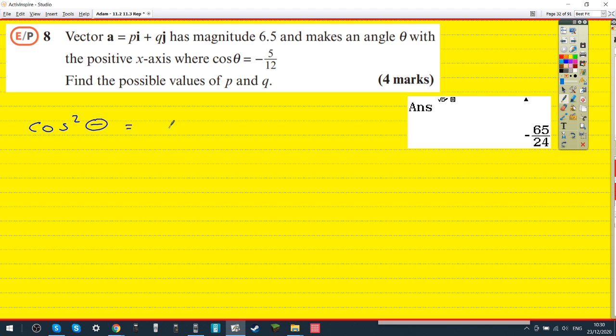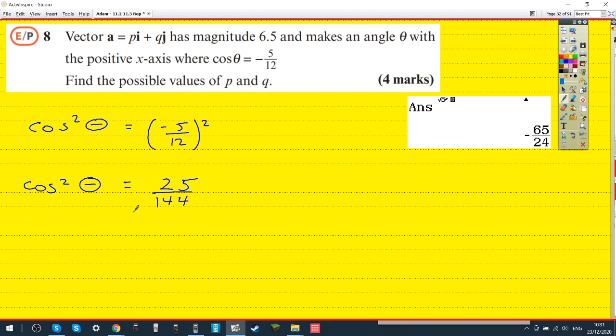Minus 5 over 12 squared. Yep, and what is that? Minus 25 over 144. You never use brackets. What's a minus times a minus? Positive. Yes, it's 25 over 144. Okay, that's cos squared theta.